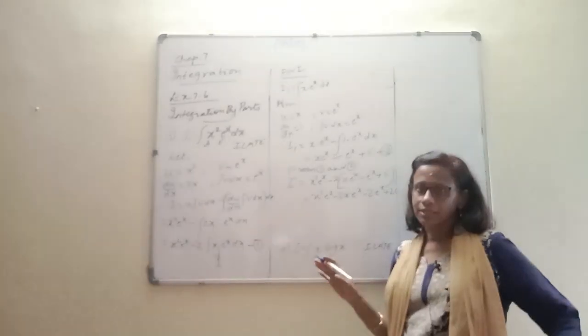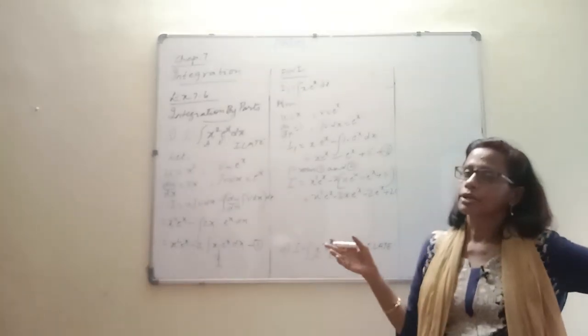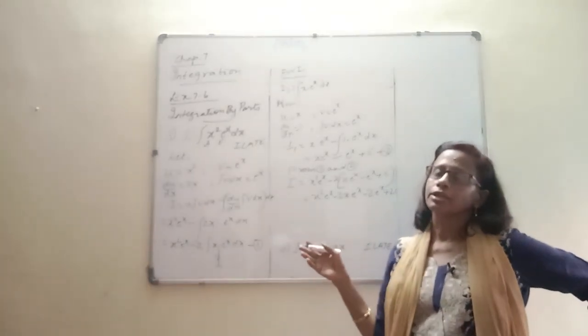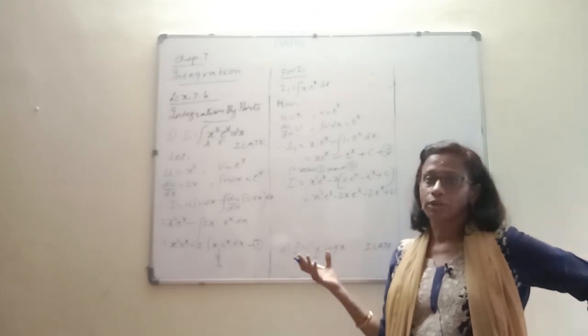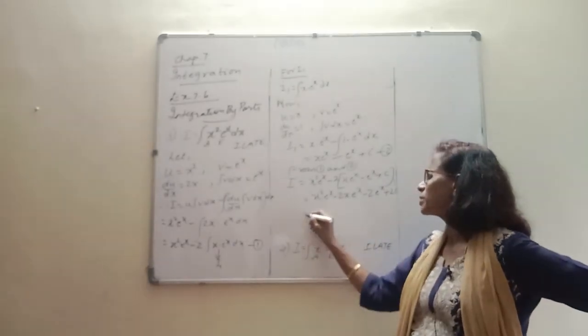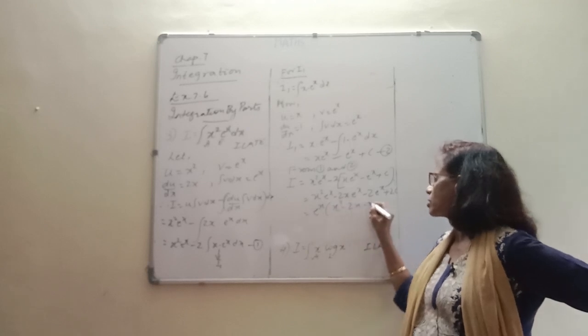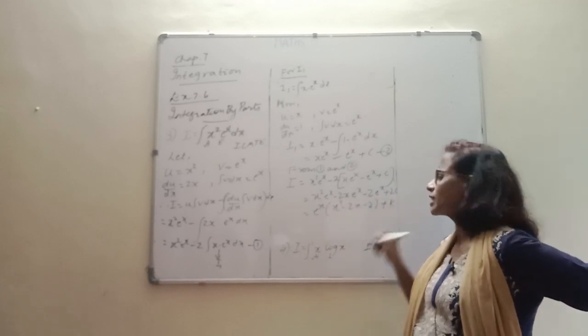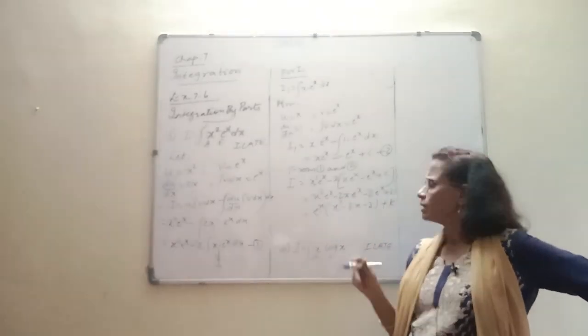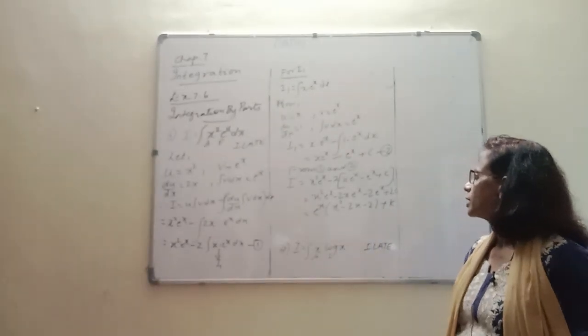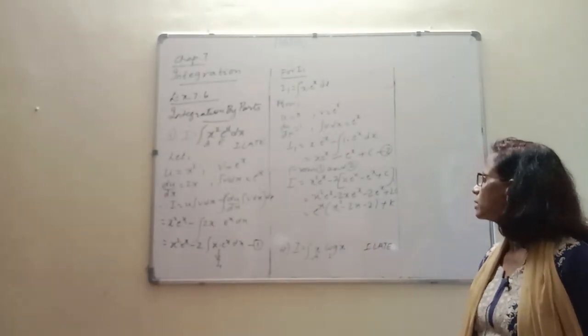Now this is your answer, but as I always tell you, you're allowed to do whatever modifications that you want. In this case, maybe you can take the e raised to x outside. So you get x squared minus 2x plus 2 and the plus 2c. If you want, you can call it k or c1 or something like that. That's it. This is the answer for this problem.